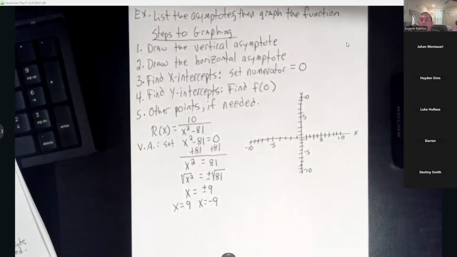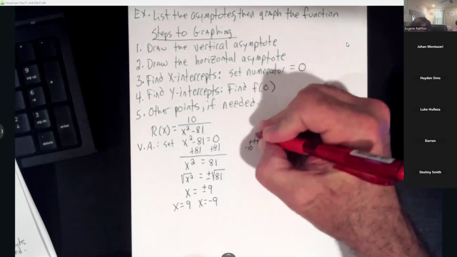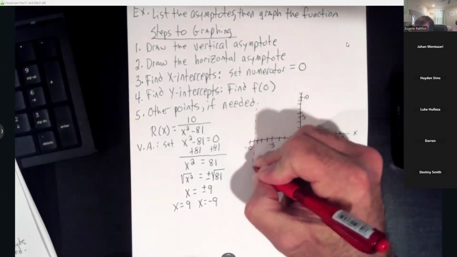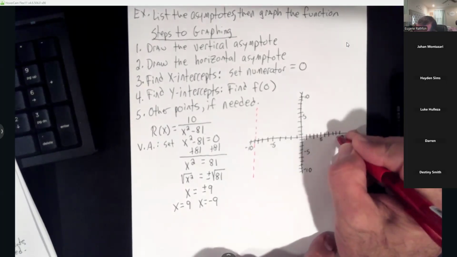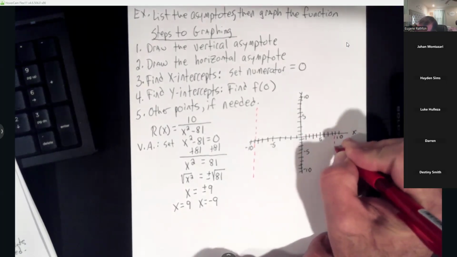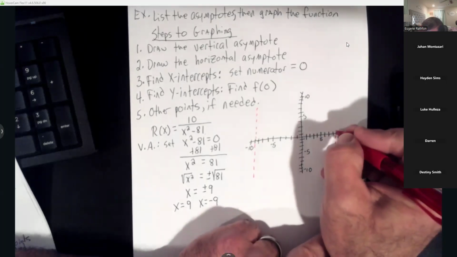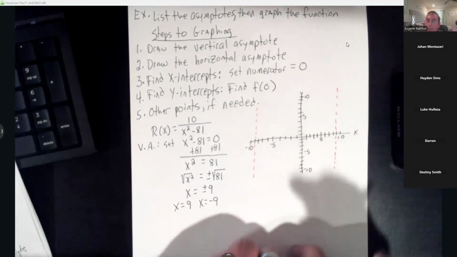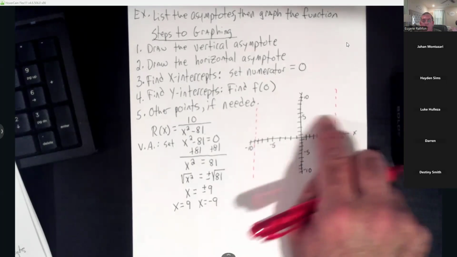Okay, so at the moment, I know I got a vertical asymptote at negative 9 over here. And my graph cannot cross over this line. And then over here at positive 9, I got another vertical asymptote. So my graph cannot cross over either one of these vertical lines.